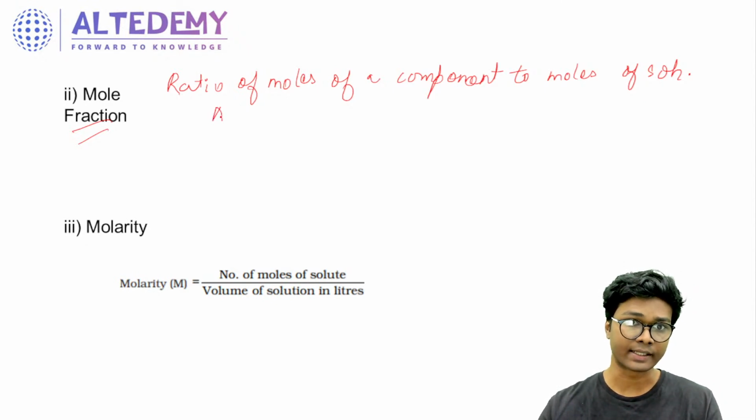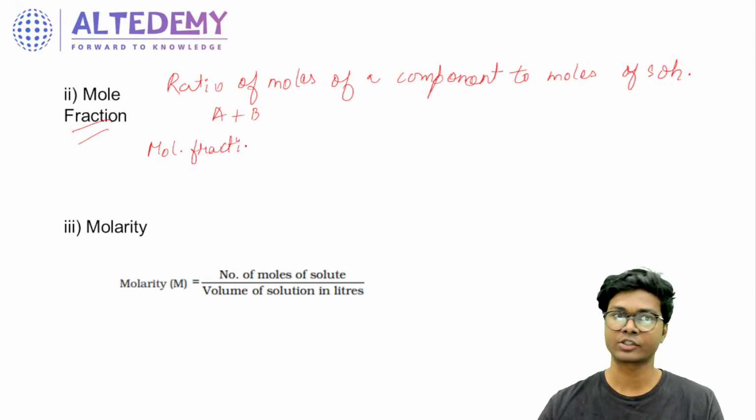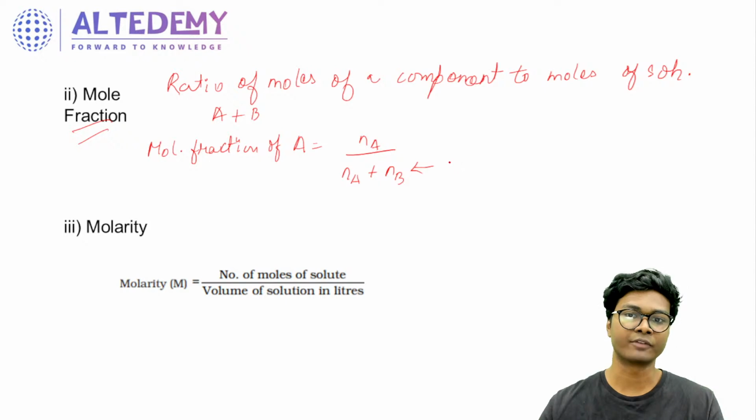So if we have two substances like A and B, then the mole fraction of A equals the number of moles of A divided by the number of moles of A plus the number of moles of B. This is the total number of moles of the solution.